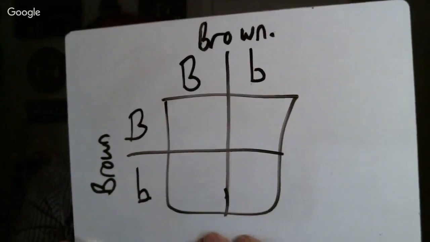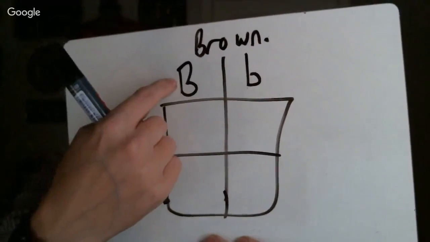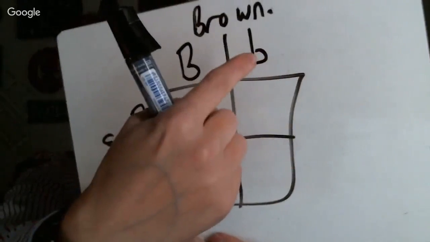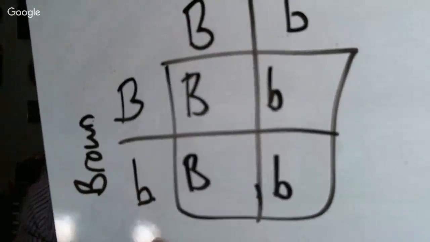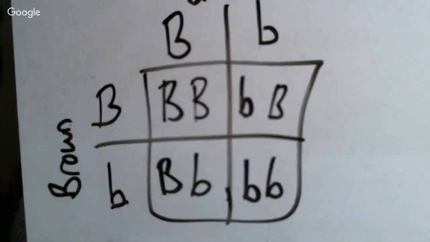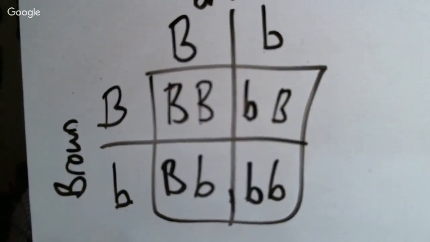And then all we're going to do is whatever is up at the top here, we fill in to the 2 boxes beneath. So we start off by putting our capital B in there. Do the same for this one. It's a lowercase b, so we put the lowercase b in for those ones. And then we do the same thing going across. So in this case, we end up with those as our potential genotypes of the offspring.